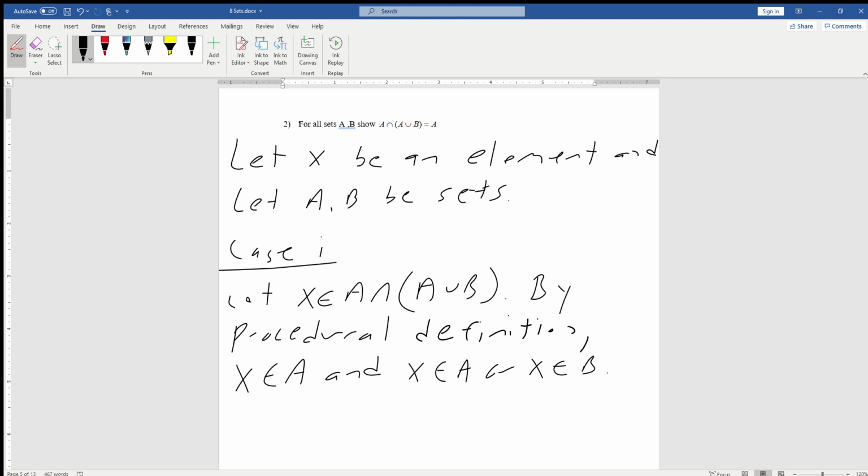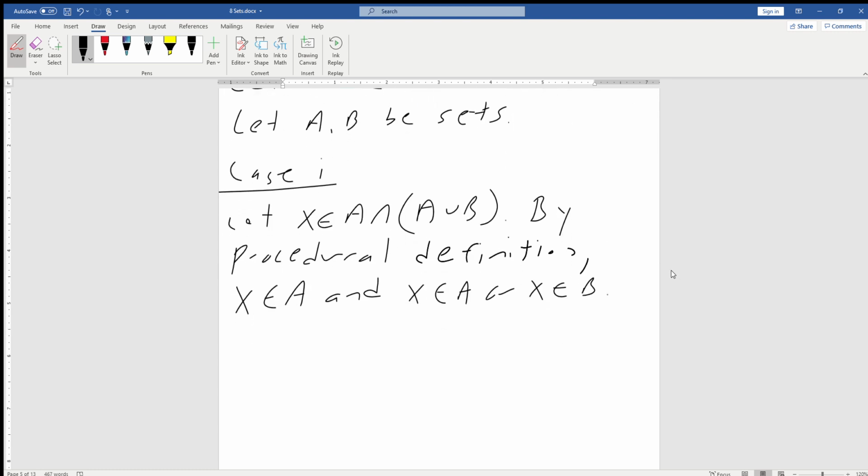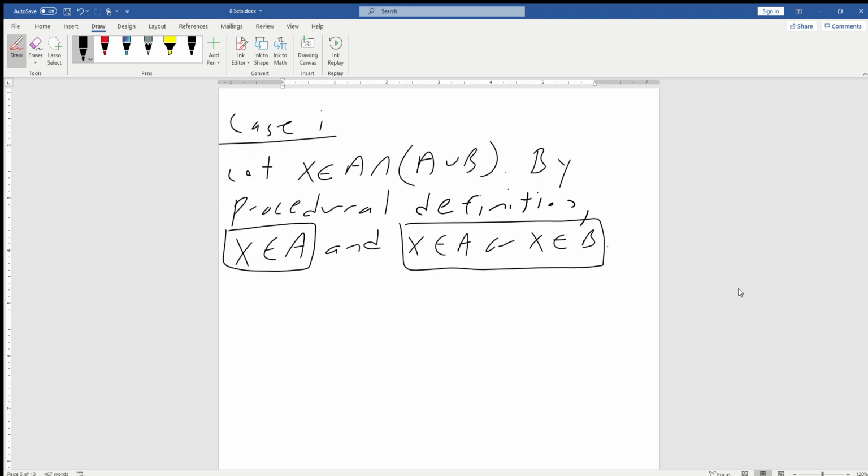All right, so all we did was we just got rid of the intersect and union symbols. So here's our intersection, here's our union symbols. Now with an AND, that means that X is an element of both of these sets. So X is an element of A and X is an element of A or X is an element of B. So we can pick either one.